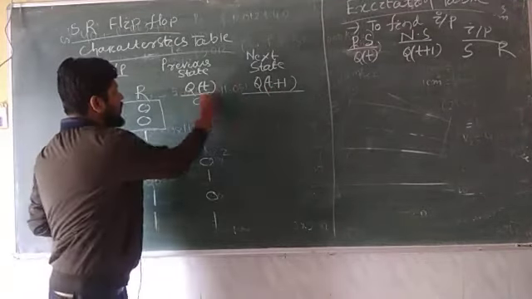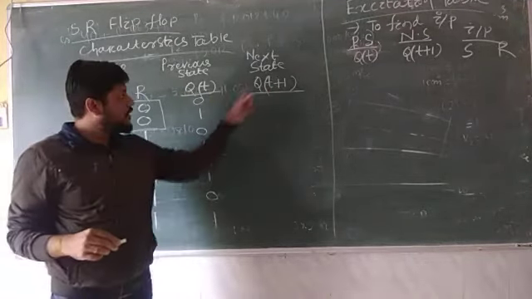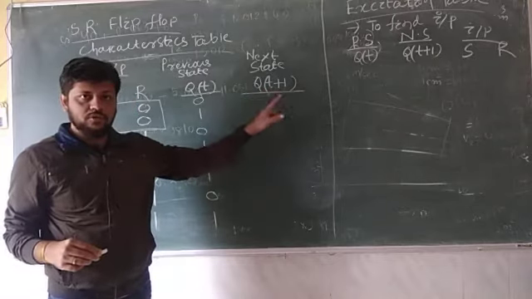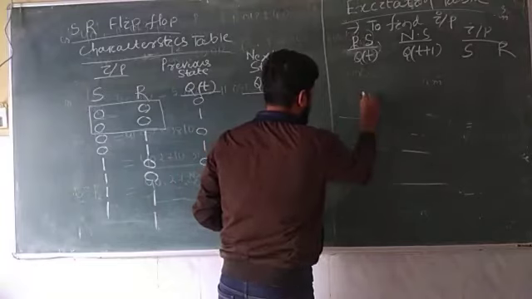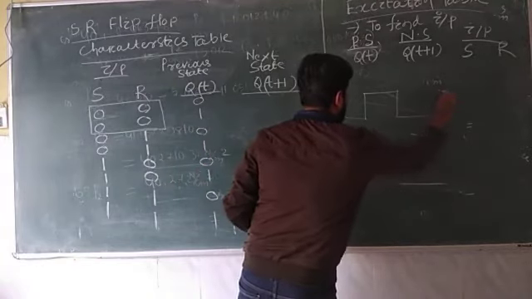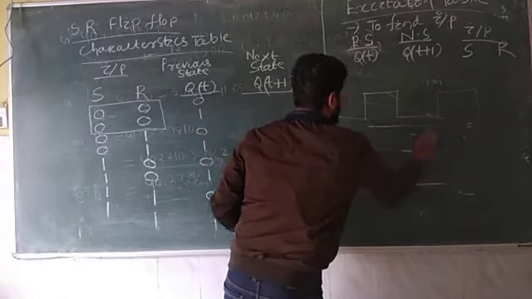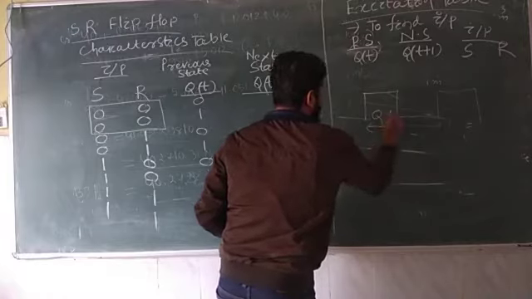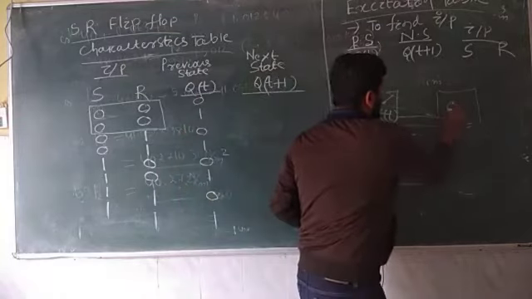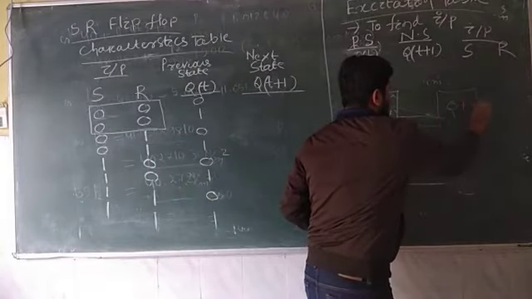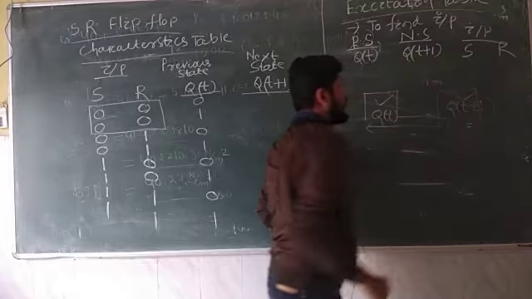QT plus 1 means the T plus 1 clock state. For example, this is your clock diagram. QT is the output for this clock, then QT plus 1 is the output for this clock. That's why this is the next state.